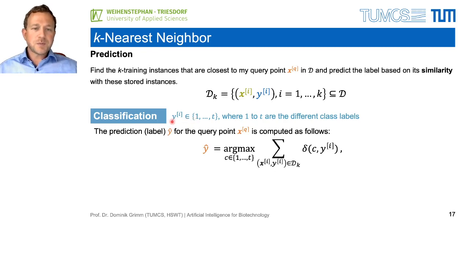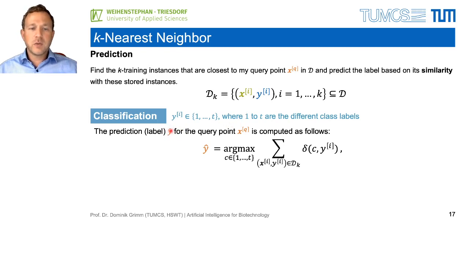Here we have our y superscript i, which is an element of 1 to t. So these are my t different classes. If it's a binary classification problem, we have 0, 1, or it could also be 3 classes or 4 classes. So this is out of the set of my different classes. And when we'd like to predict the label for our data point xq, the prediction we usually call y hat.